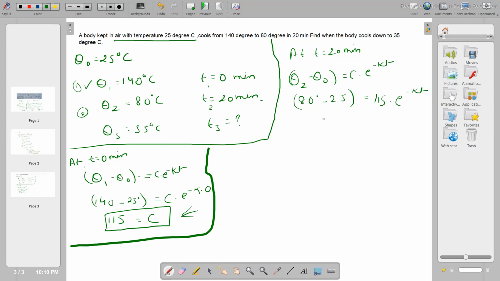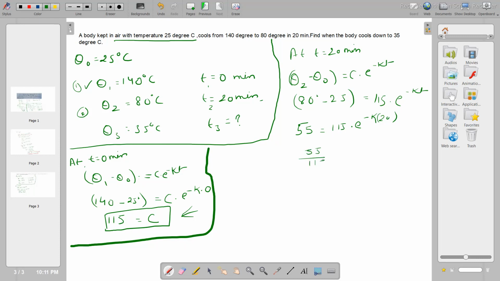So what is the value of 80 minus 25? It's 55. Just a moment. 115 into e power minus k, and what's the value of t? It's 20.